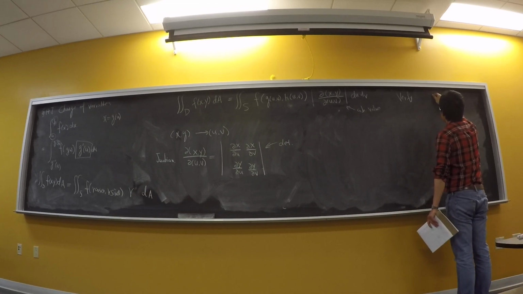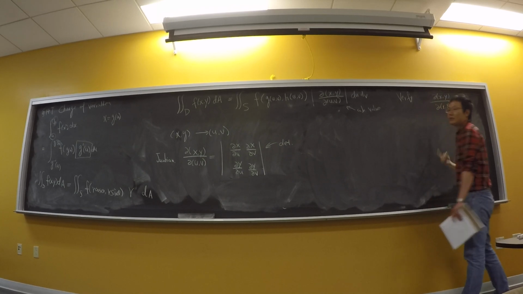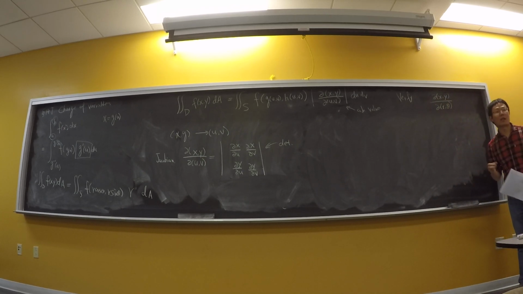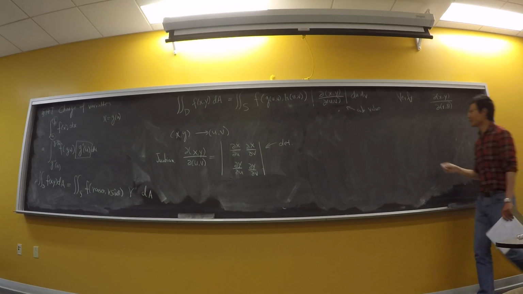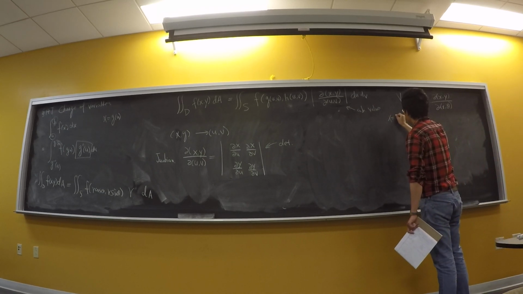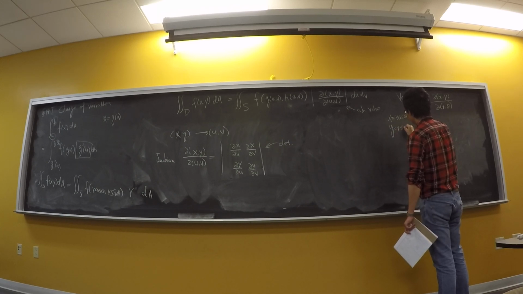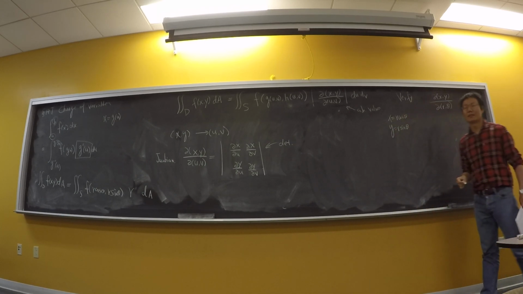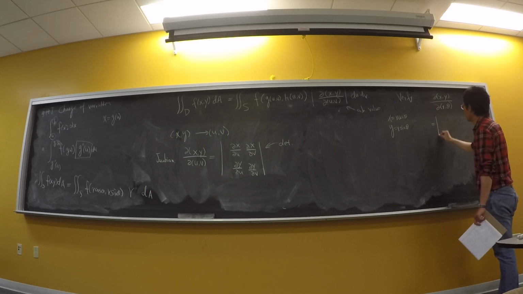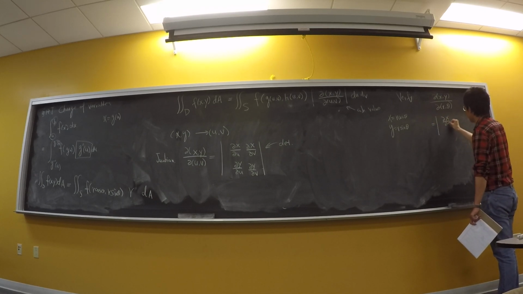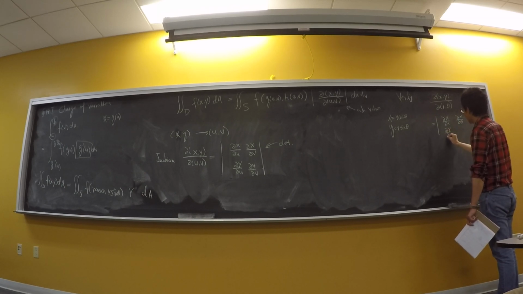I take the Jacobian partial xy, partial r and theta. This is nothing but an application of partial derivatives, where x is equal to r cosine theta, y is equal to r sine theta. All right? So this is equal to partial x, partial r, partial x, partial theta, partial y, partial r, and partial y, partial theta.